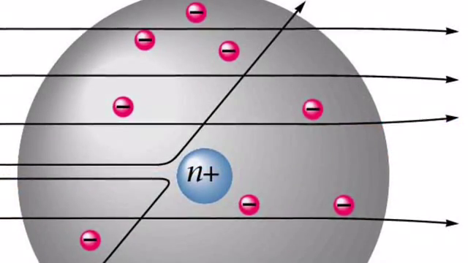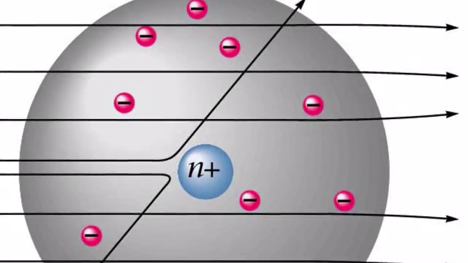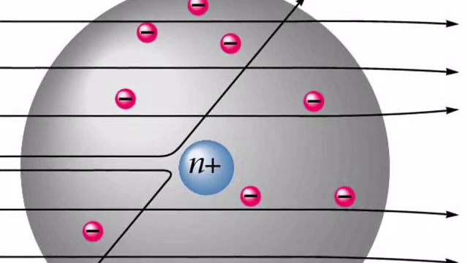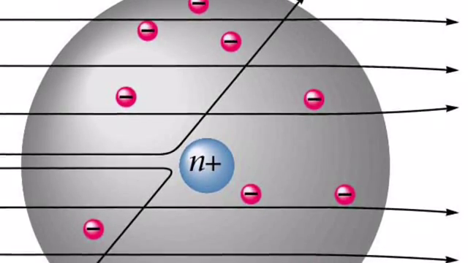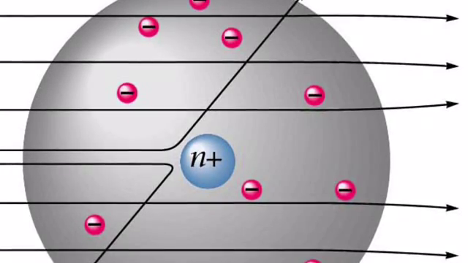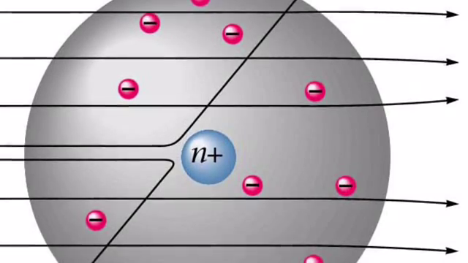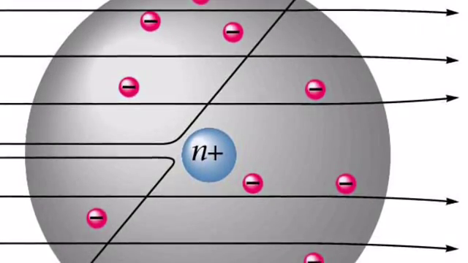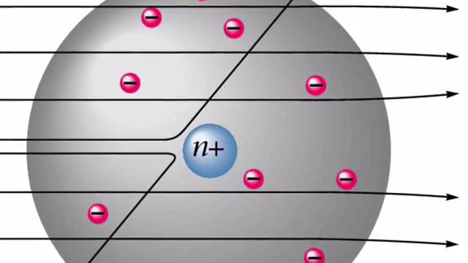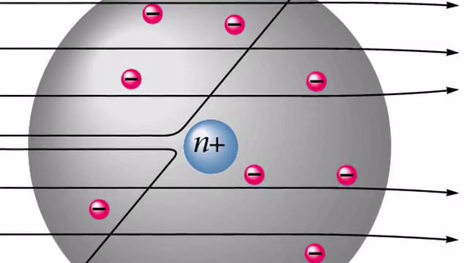If we compare the two models, on the left we have Lord Kelvin's plum pudding model, and on the right we have Rutherford's model. If Lord Kelvin had been correct, then on the left we see that all of the alpha particles should have gone through with some very slight deflections, whereas on the right we have Rutherford's model, where when the alpha particles encountered that central nucleus, there should be a large deflection, a large bouncing off of the alpha particle.